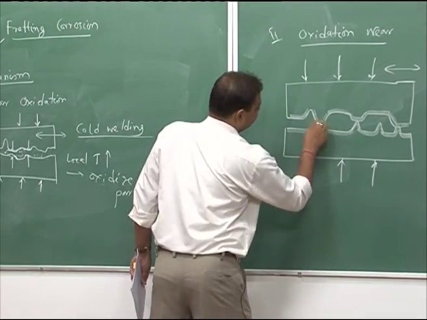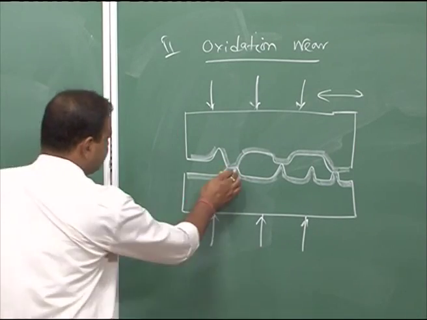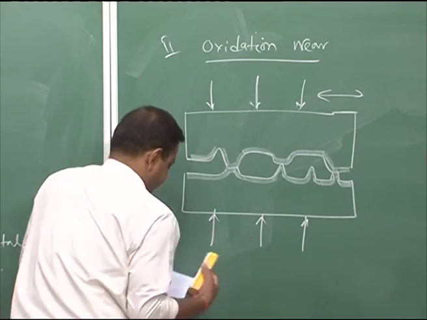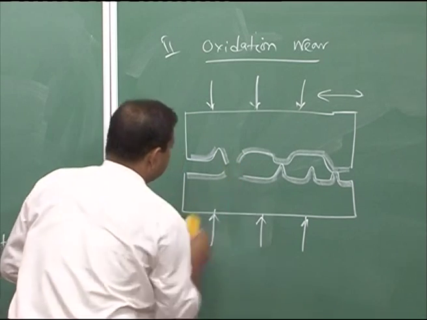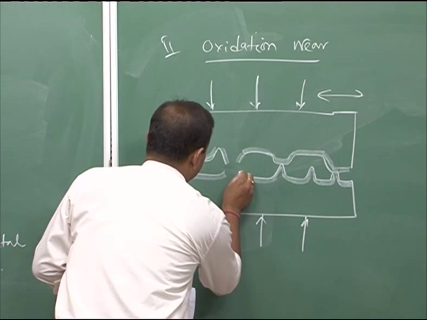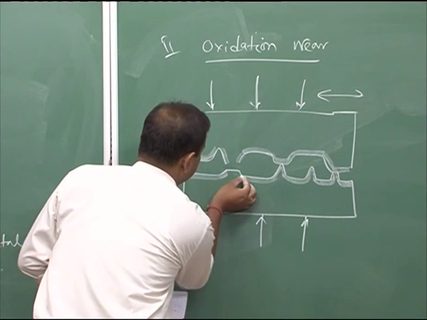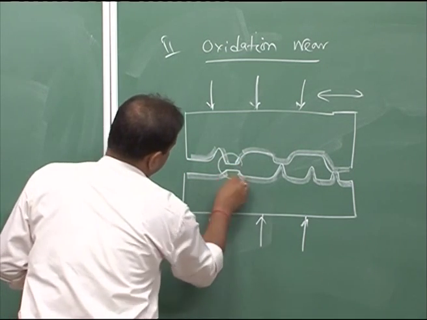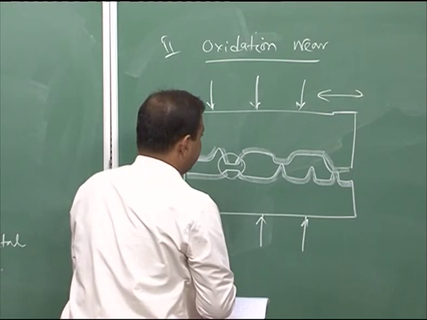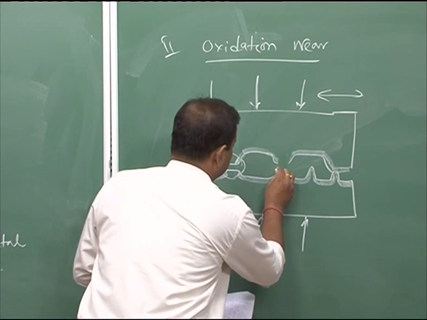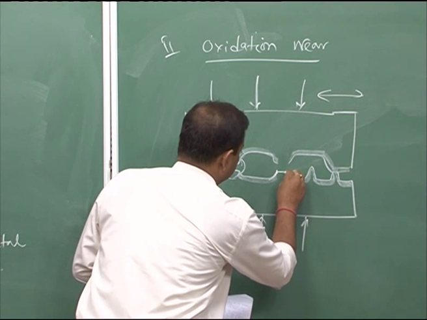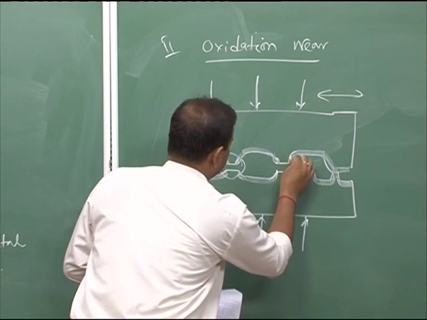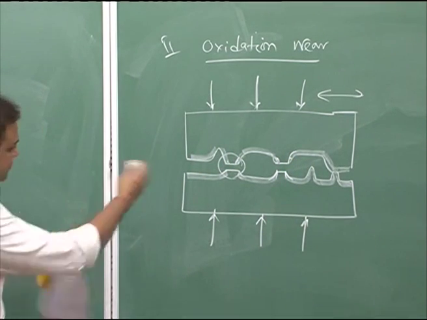This section is getting the friction effect to the highest extent in this particular situation. If you see this section, the other section also would happen like that, because of this relative movement.